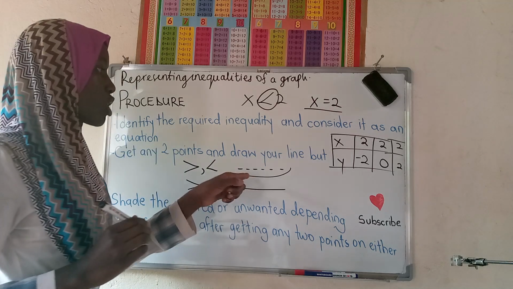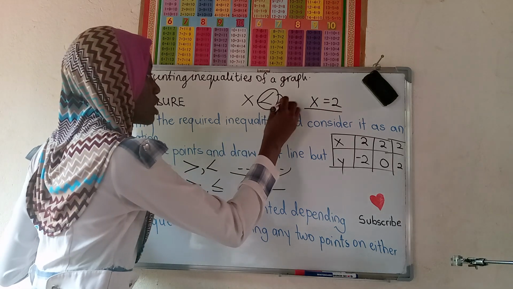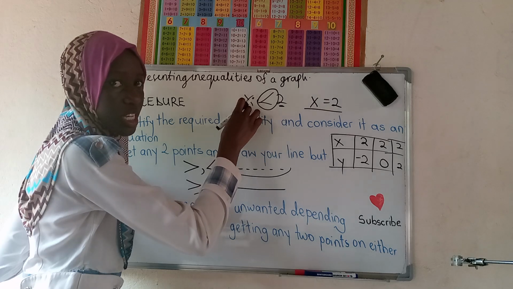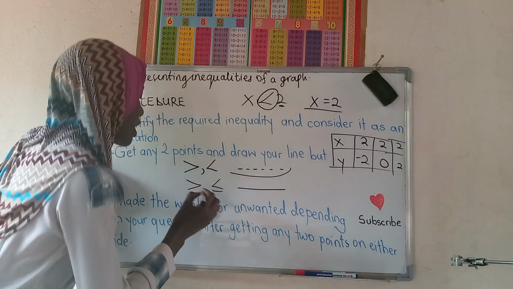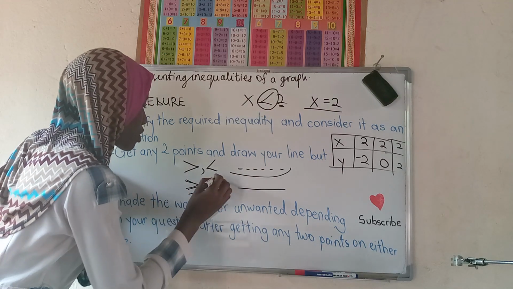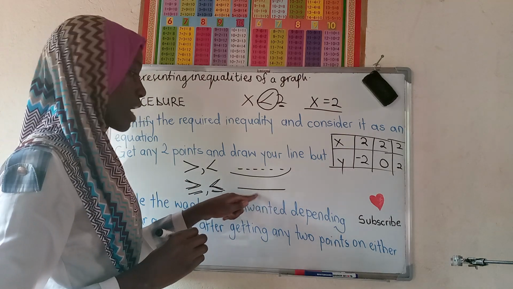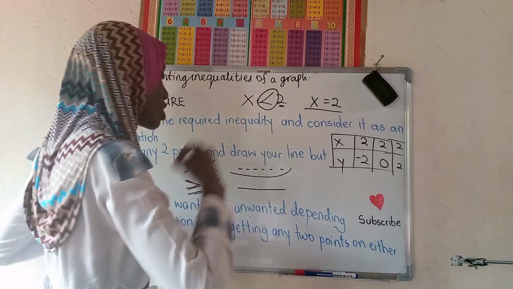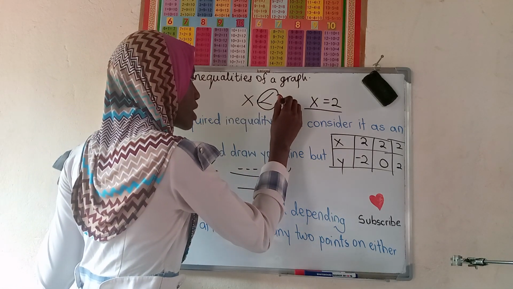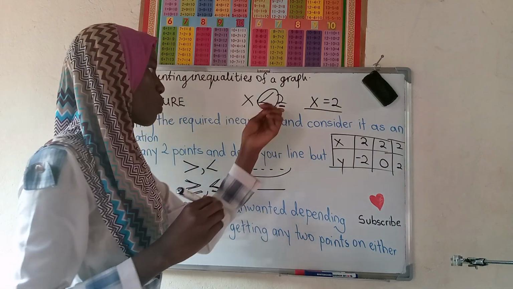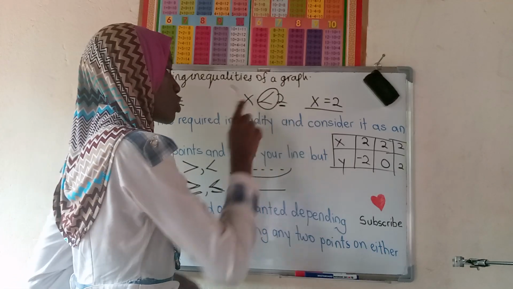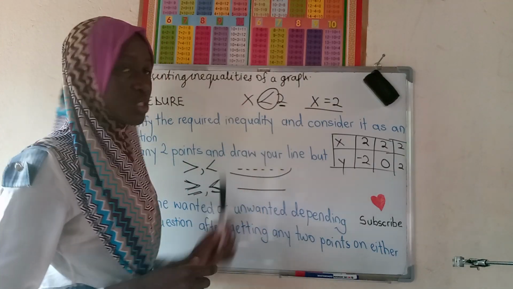It is dotted because the number 2 is not included in the solution set for x. But if you have less than or equal to or greater than or equal to, you have to make the line bold, like you do not dot it at all, because the 2 is also there in the solution set for the values of x.